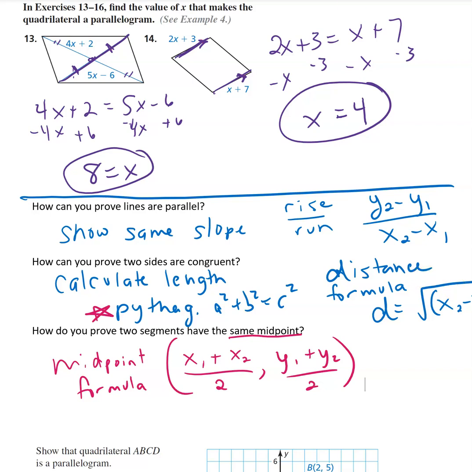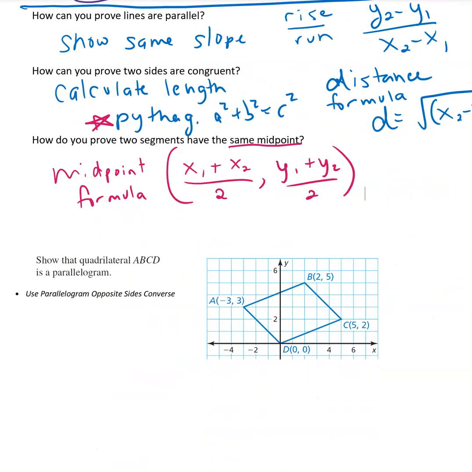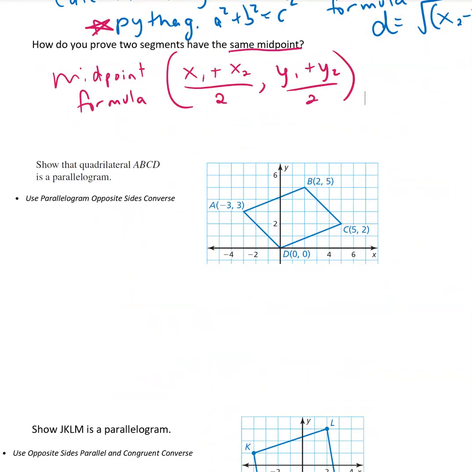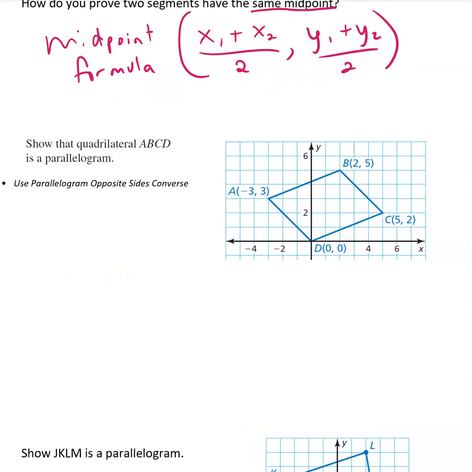Okay, so now we're going to jump into actually proving that a quadrilateral is actually a parallelogram. So in this one, I'm asking you to show that ABCD is a parallelogram by using the parallelogram opposite sides converse. And the opposite sides converse is the one that says that the opposite sides must be congruent to each other.